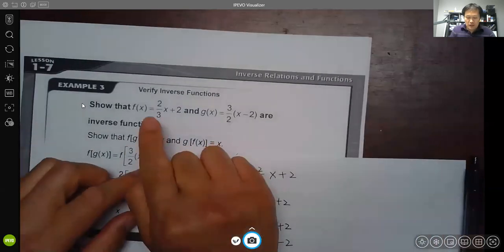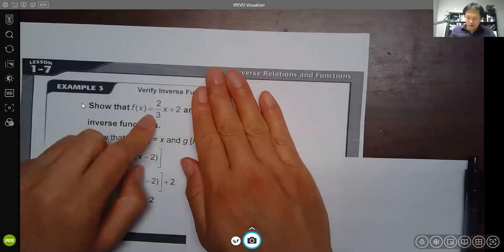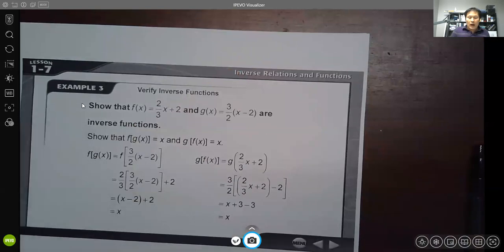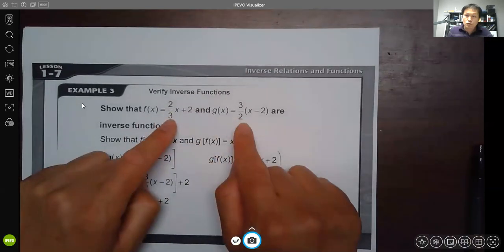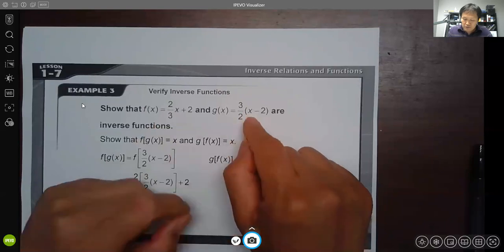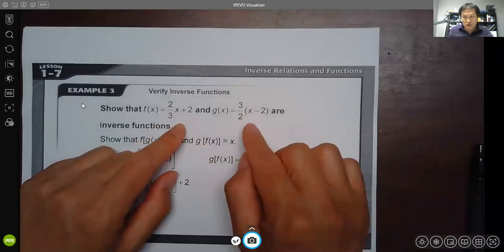So if I give you this without this and ask you to find the inverse of that, then you do this. I already gave you these two. So if you find the inverse of that, of course it's going to be this. If you find the inverse of that, of course it's going to be this. That's not how you show they are inverses of each other.